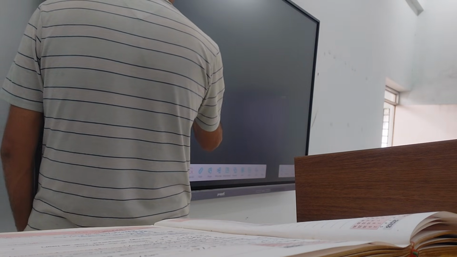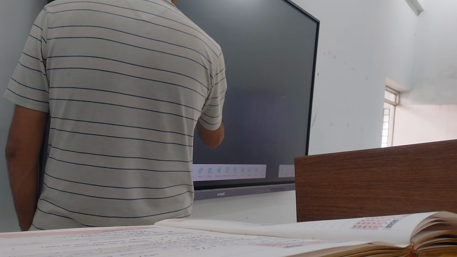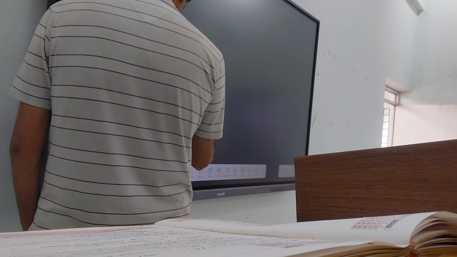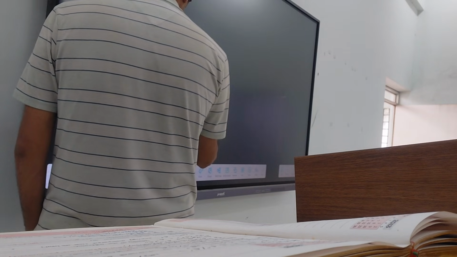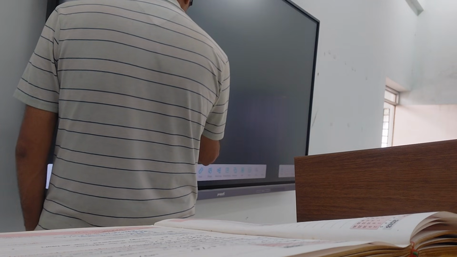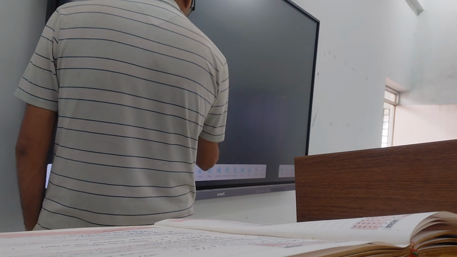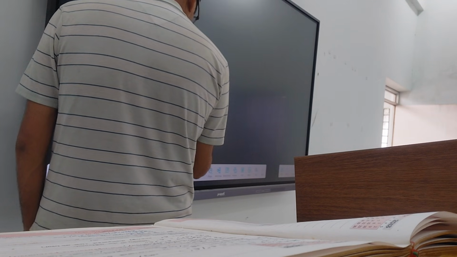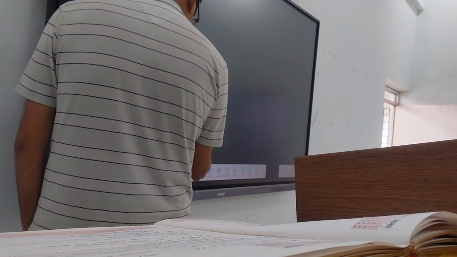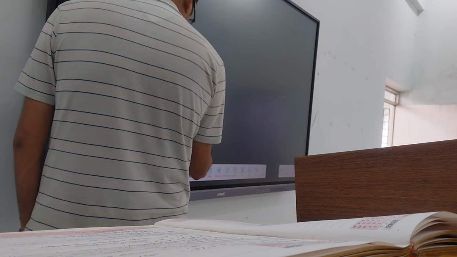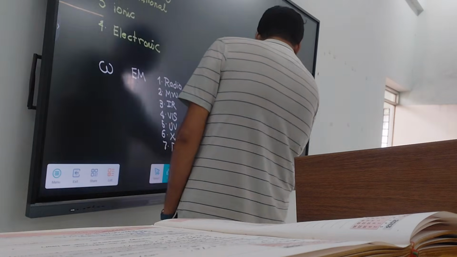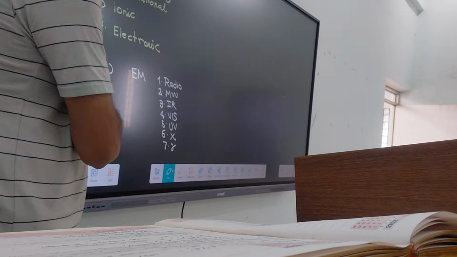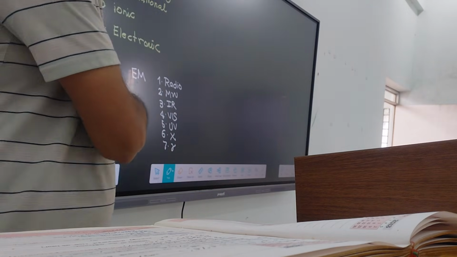Radio waves, microwaves, infrared, visible, ultraviolet, X-rays, gamma rays.